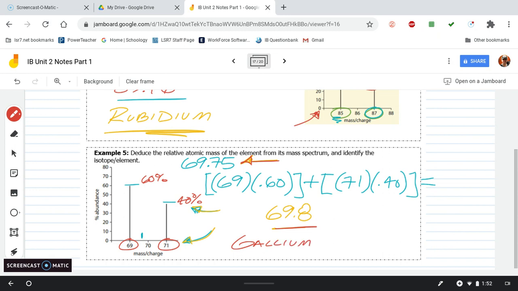Usually there shouldn't be a lot of choice here because the gallium is the 69.72. So then that is about as close as we can get to that. So that makes sense. So there you go. A couple of those. All right, so let's go on to the next one.